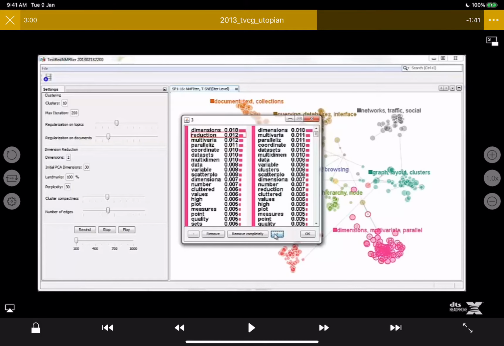So in the case of high dimensional or multivariate data analysis, by the way, these are research paper collections published in the visualization area, I think, because I just submitted it there.